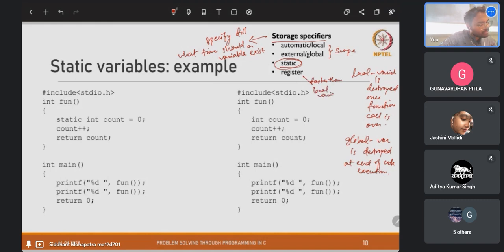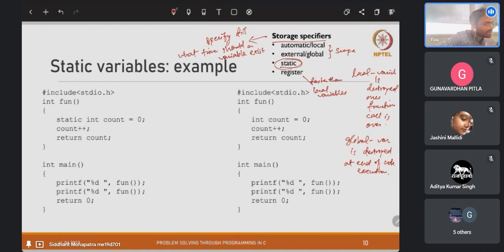But with the current compilers we don't really need to use register variables because the current compilers already have inbuilt optimization techniques. So they are more or less outdated until you are doing very embedded systems approach and so on. So currently what is important to us is local variable, global variable, and static variables.